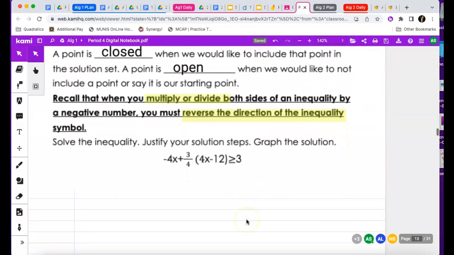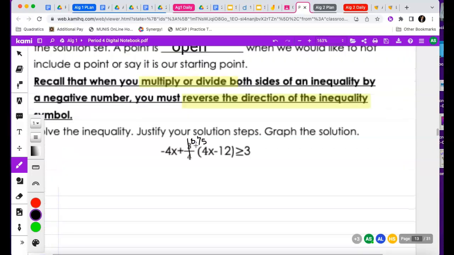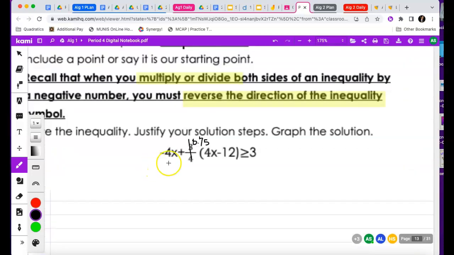So let's look at a second example to see what that would look like. So first of all, I'm going to change that 3/4 to a 0.75. So I like decimals better. So I'm going to change it to 0.75.